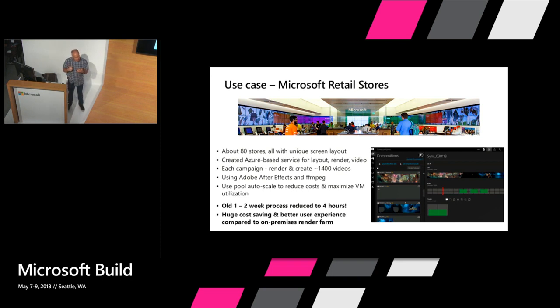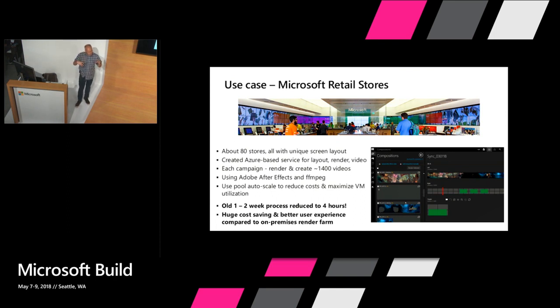But then the big thing is, while you're laying them out and you want to try stuff out, but also before pushing that final button, you need to be able to render all the individual frames and then push them into a movie file, a video file, to be played on all the screens. So when this group pushes that button, they need to render and create 1,400 videos. They use Adobe After Effects and FFmpeg to do that.